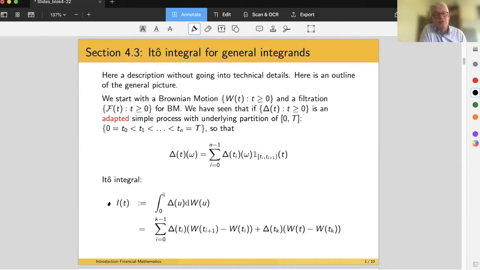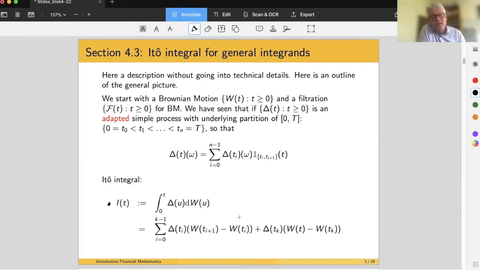We defined that as follows, for simple processes: the sum, i runs from 0 to k minus 1, Delta_{t_i}, again the left side of the interval, times this Brownian increment W_{t_{i+1}} minus W_{t_i}.